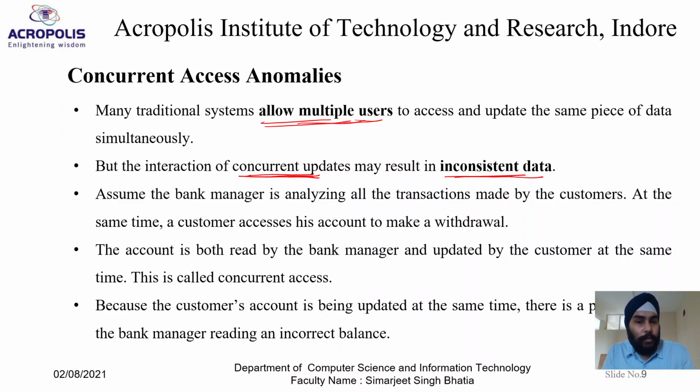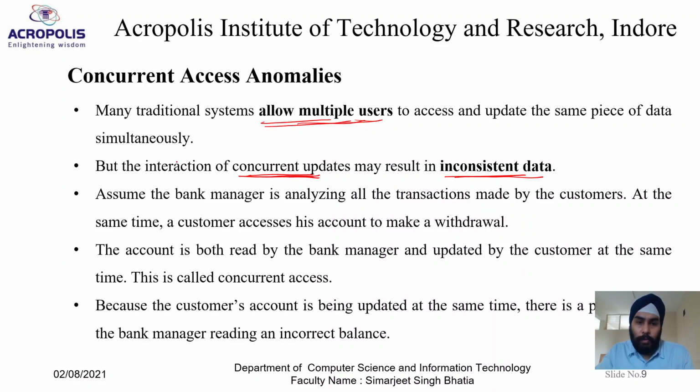So the problem is that during concurrent updates, it is very difficult to see whether a transaction has been performed or not, right? And at the same time, wrong, misleading information is read by the authority.